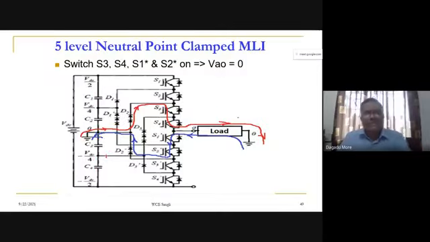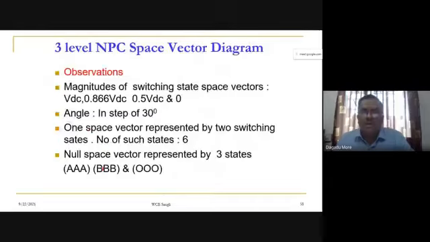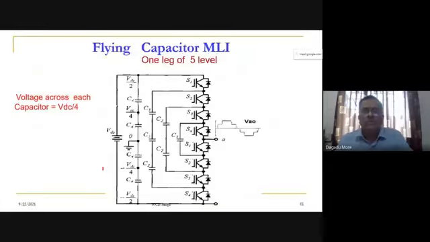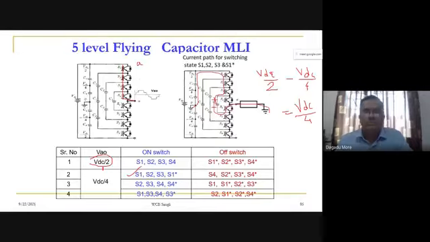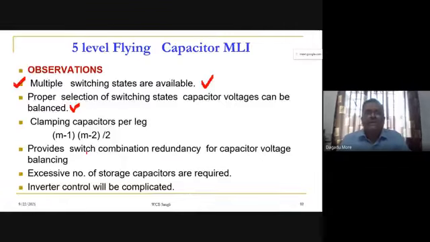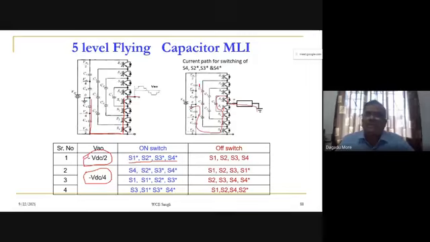Special techniques are required to maintain this. So this is a drawback of neutral point clamped inverters: balancing the capacitor voltages. But here, there is provision. We have multiple switching states, and based on that, it is possible to balance the capacitor voltage.